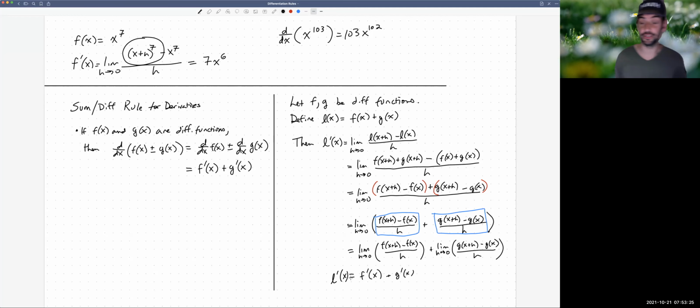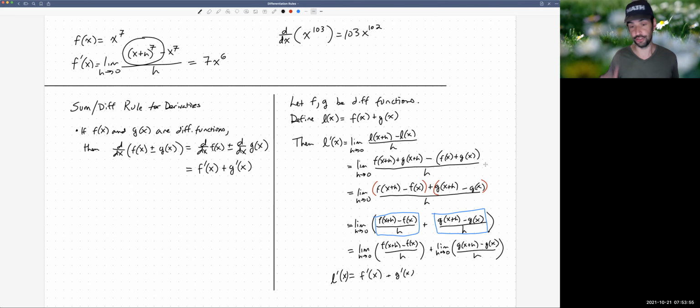Once we have a derivative for a couple of functions, if we put them together, there's nothing complicated that needs to happen. We can just add those two derivatives together, okay? And then if we change this plus to a minus, everything in here works out the same. I'll leave that as an exercise for you, but it all works out.